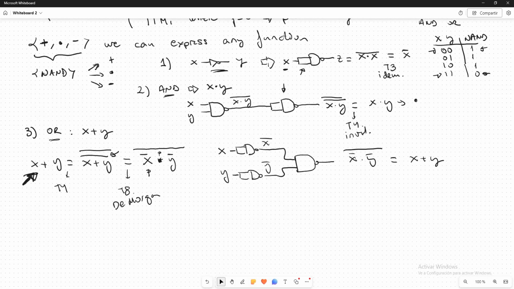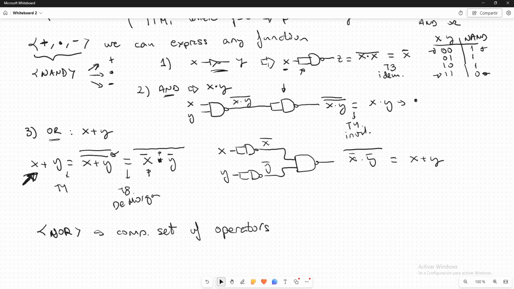I'm going to tell you that the NOR gate is also a complete set of operators, and we can express any function using NOR gates. I'm going to leave this demonstration for you.